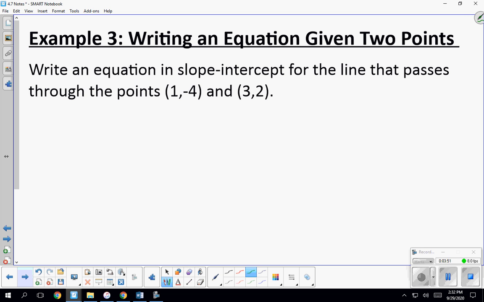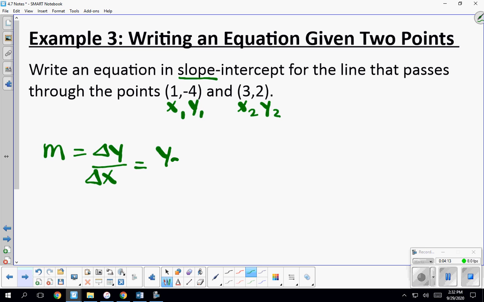Now we're going to write an equation given 2 points. So again, it says write an equation in slope-intercept form. We do need the slope, no matter which form we put this in. So we are going to find the slope first. Remember, here we have 1 point. Here we have a second point. And the slope formula says the change in y over the change in x, or y2 minus y1 all over x2 minus x1.